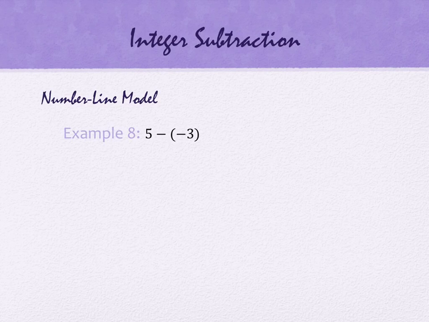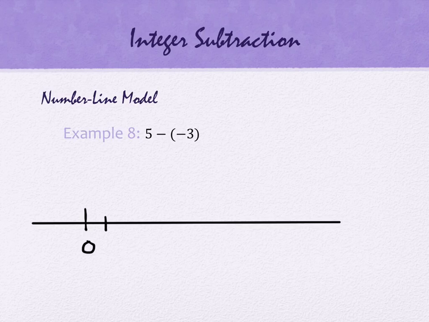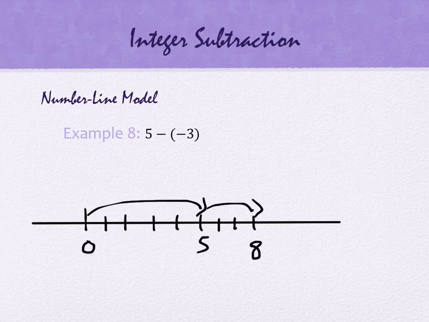Now we're about to do something a little bit different, because this is the number line model. I mentioned this in passing, really, yesterday or 2 days ago, in class. We're going to start at 0 and we're going to go over 5. So our first move is to go over 5. And obviously we're going to move over 3 more to end up at 8.